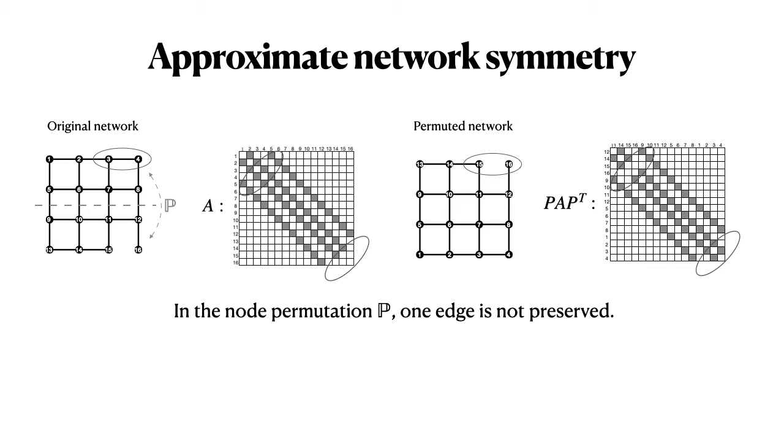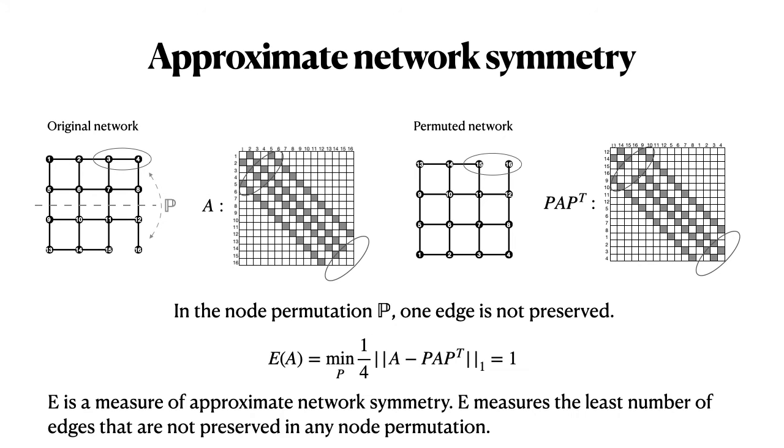So in this node permutation example, one edge is not preserved, and the absolute difference, which is the norm 1 difference between A and PAP transpose, is 4. So this means that each unpreserved edge is represented by a difference of 4 in the two adjacency matrices before and after node permutation.